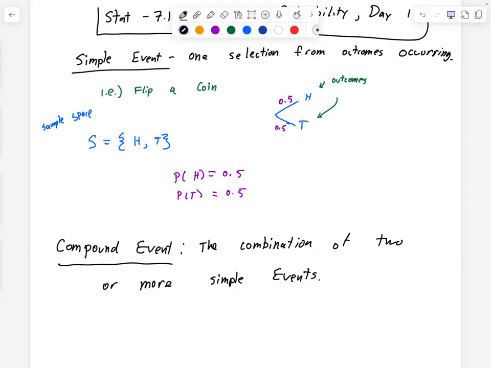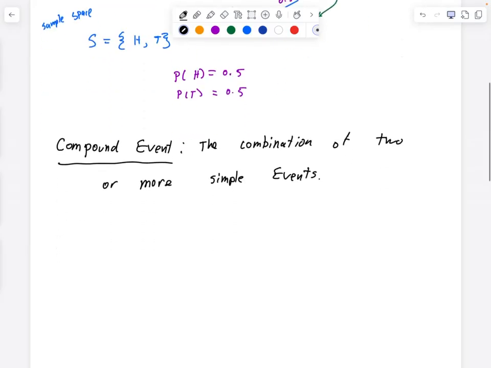The other thing that does not have to be true is that the events don't have to be independent. Now, in the beginning, they will be independent, which is basically what we're doing in Lesson 7.1. So in Lesson 7.1, everything's going to be an independent event. When we get to 7.2, we'll talk about what happens when they're not independent.